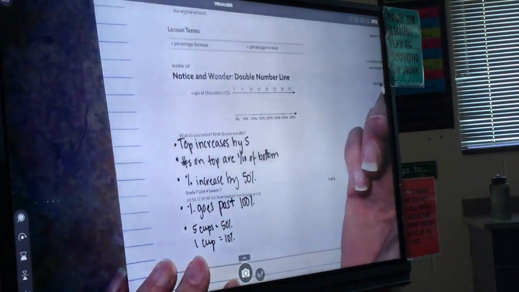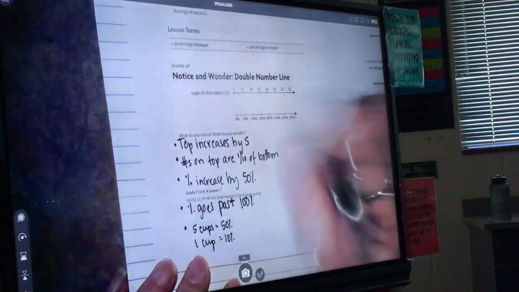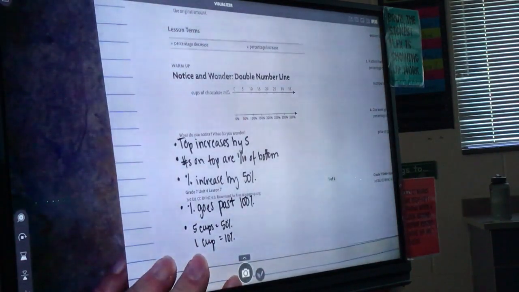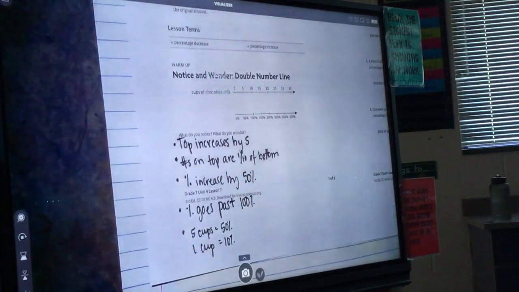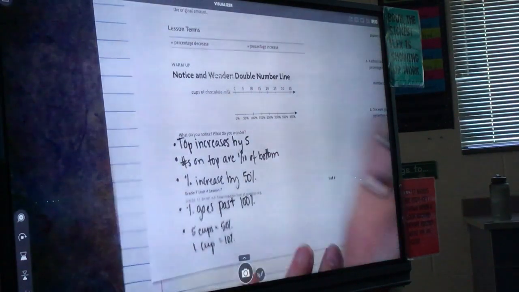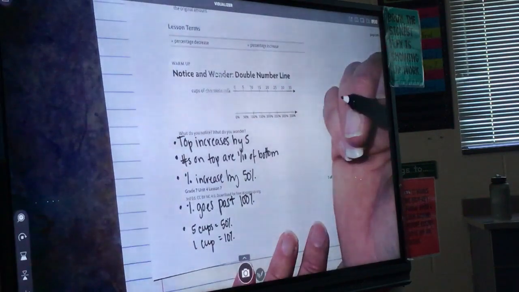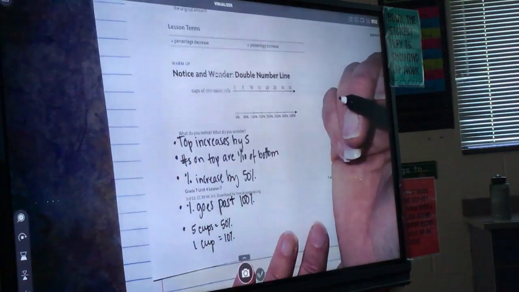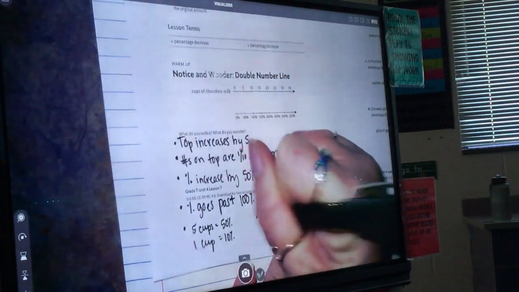Like, is 50% sugar? Like, what is the percent? Okay. Hang on to that. We're still on the notice. So that would be a wonder. Okay? Any other notices that you want to share? I noticed that all the numbers that were on the top were given another 0 from the bottom. So, like, 5 is now 50.